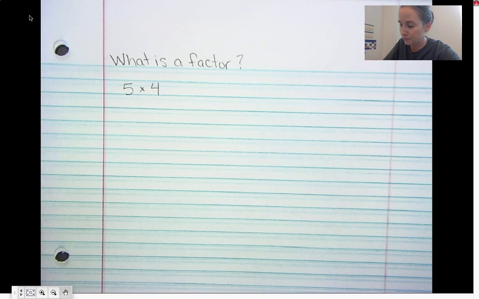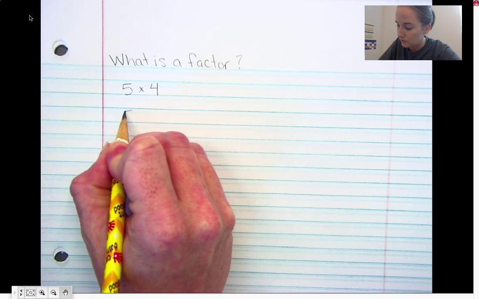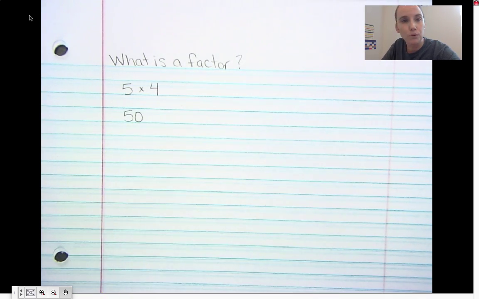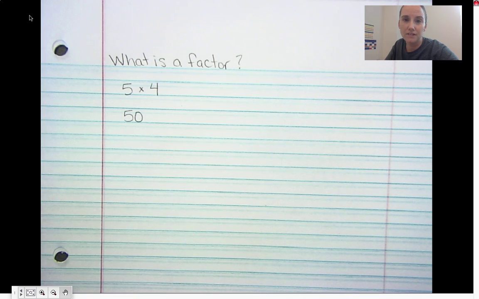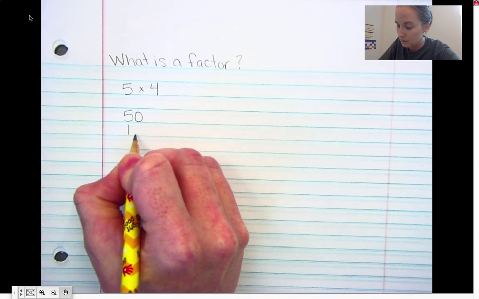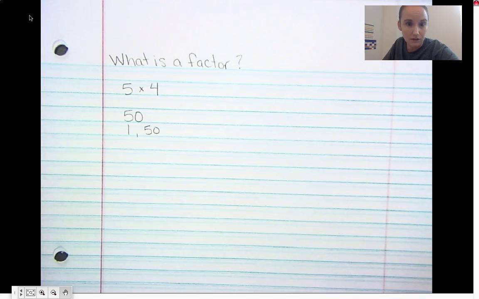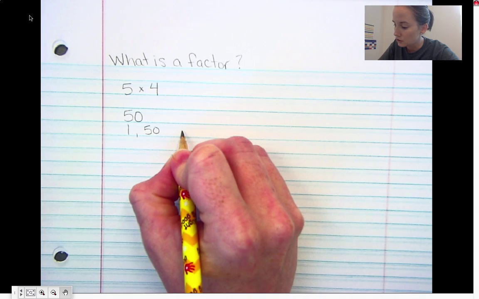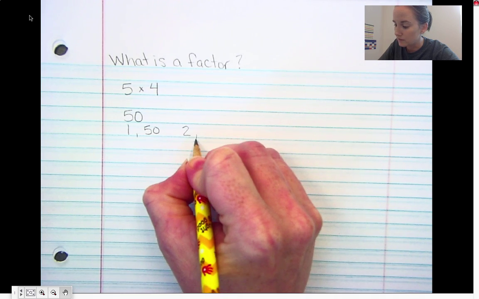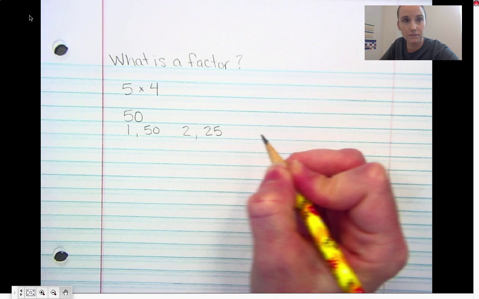For example, if we take the number 50, I can break it down into a list of numbers that multiply together to give me 50. 1 times 50 is 50. 2 times 25 is 50.